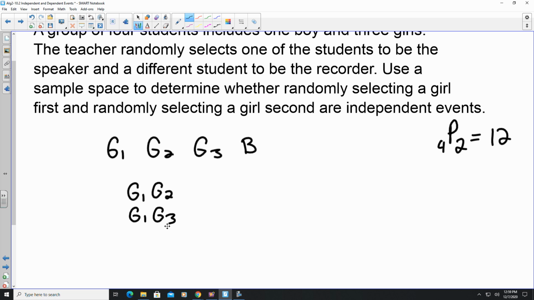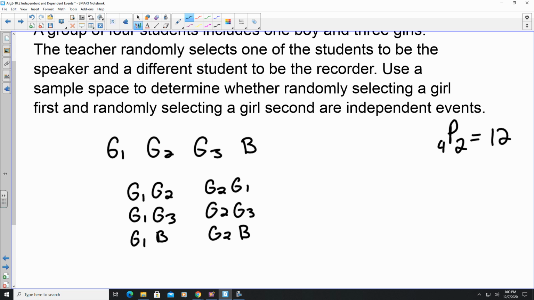You could also say that girl 1 and the boy get chosen. Now that I've used up all of girl 1 as the first person, let's go to 2. So let's say it's girl 2 and girl 1. Then it's girl 2 and girl 3. And then girl 2, and then the boy is chosen second.